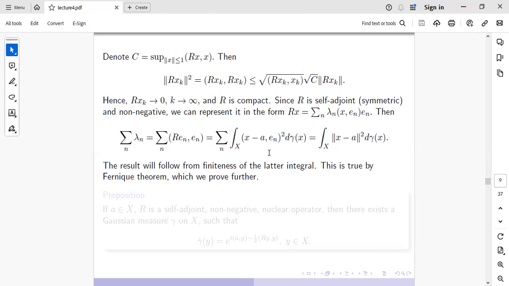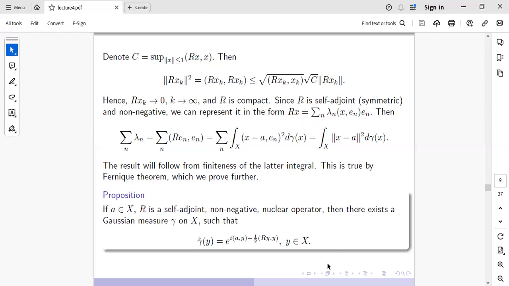And now we need to know that this integral is finite. We will show this. In fact, we will show the so-called Fernique theorem, which gives a much stronger result about the integrability of the norm. But we will do it a bit later.